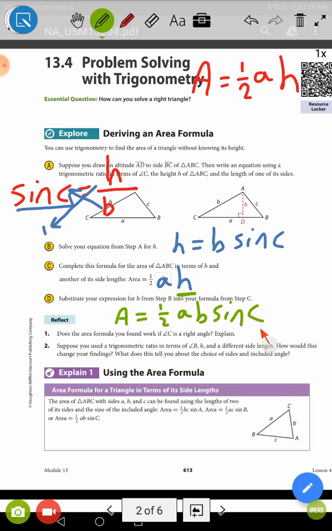That is the new rule for area. Again, it's half any two sides, like a and b, multiplied by the sine of the included angle, the angle between them. So if we want to use angle A, the rule will be half b multiplied by c and sine of the angle between them.